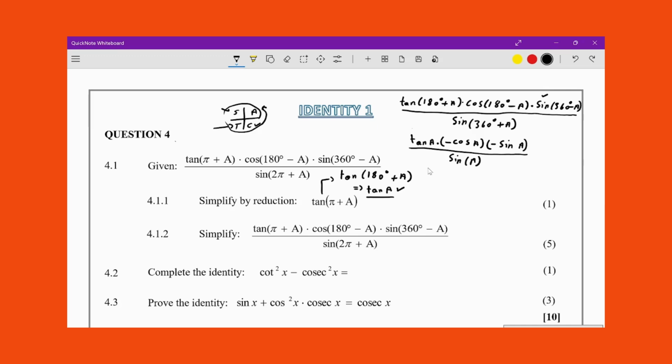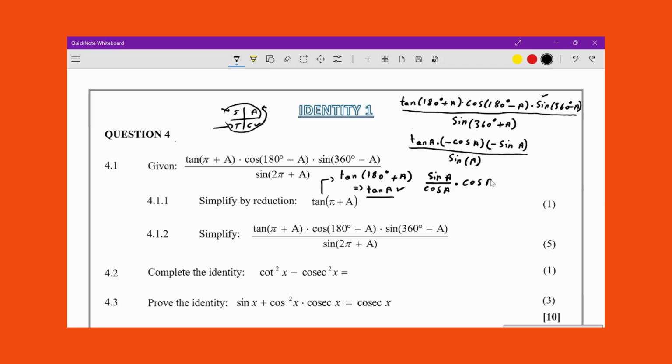Now tangent is a quotient identity which can be written as the sine of a divided by the cosine of a. Multiply by, look at this negative sign and this negative sign, they multiply each other, giving me a positive value.